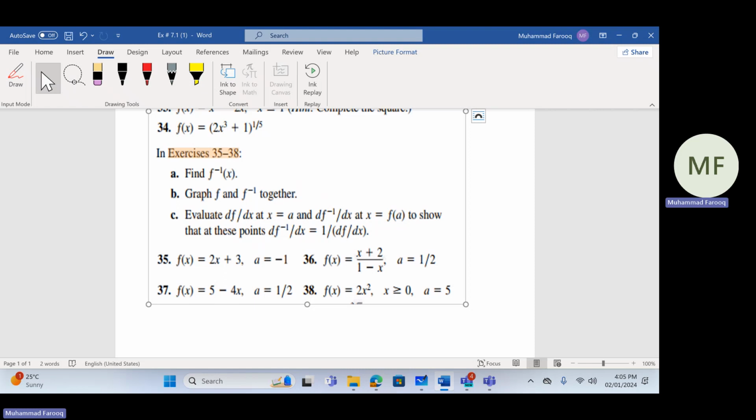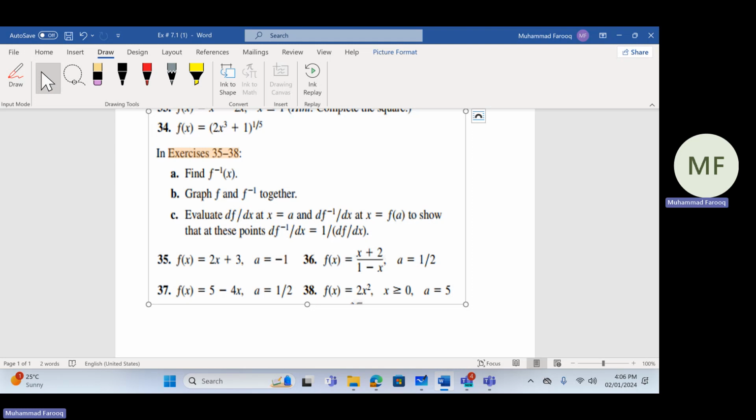Not A, but F of A. Try to understand the question, please. Function derivative at point A, inverse function derivative at F of A. What does F of A mean? This is the function; substitute the value A here and you get F of A. So the inverse derivative you calculate at F of A.